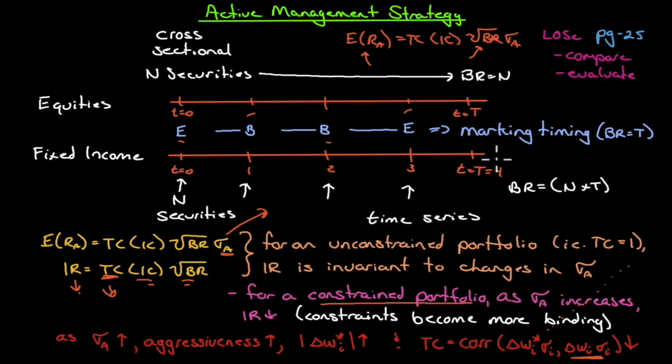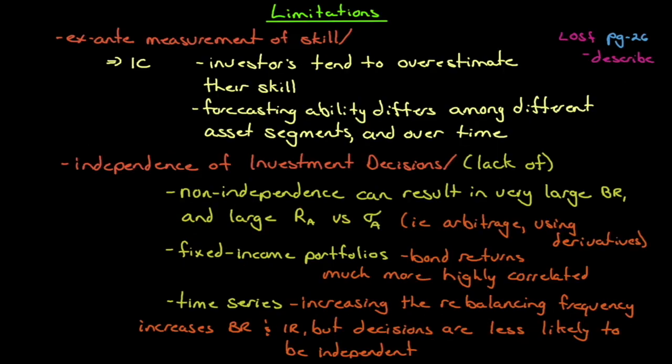Okay, we're on our last learning objective here, one screen long. Describe the practical strengths and limitations of the fundamental law of active management. We're not really going to get into the practical strengths. The book really doesn't either, but it does make a mention of saying, look, this is just as powerful as any mean variance optimization that you've done, because this is mean variance optimization.